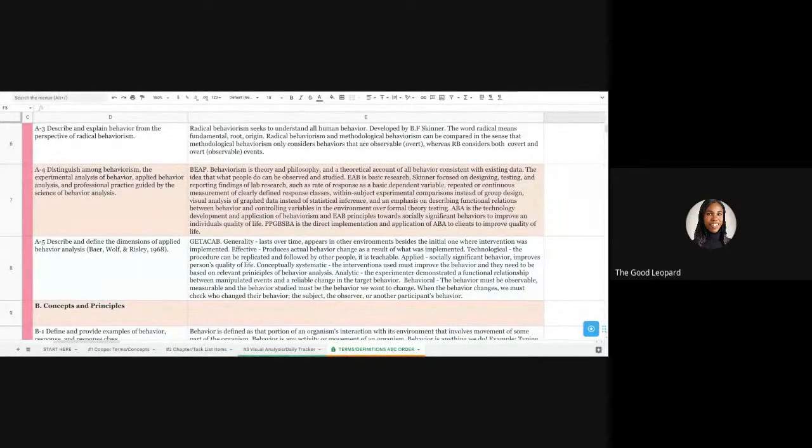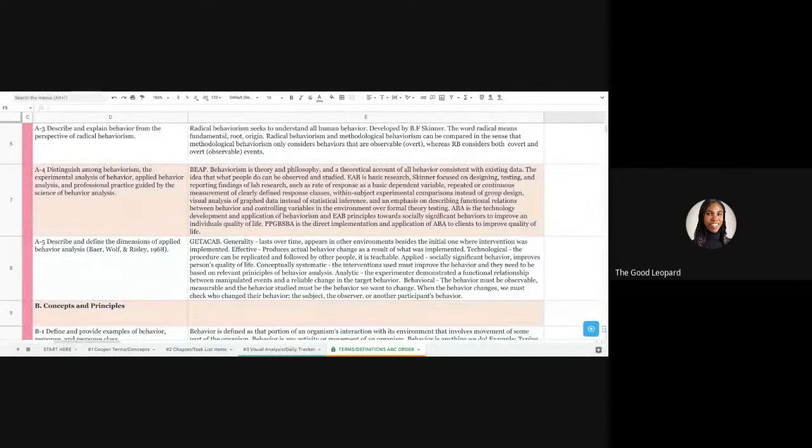Some people confuse effective and applied. Those two are confused because effective means we really want to see that the behavior change worked.